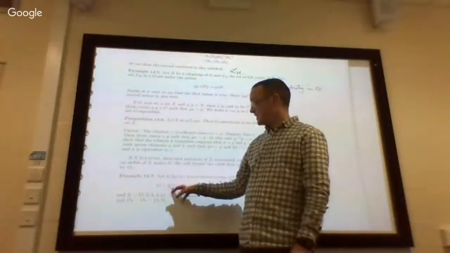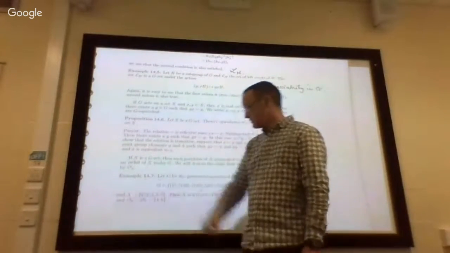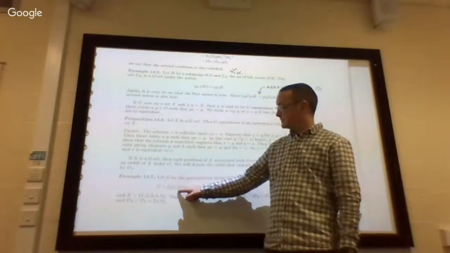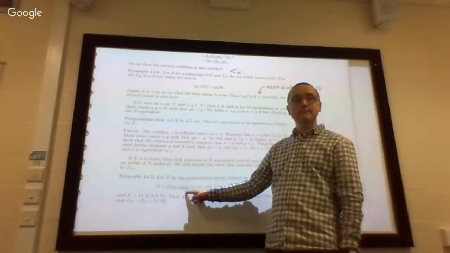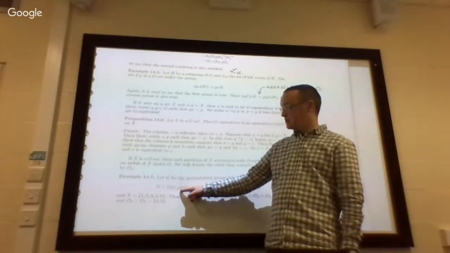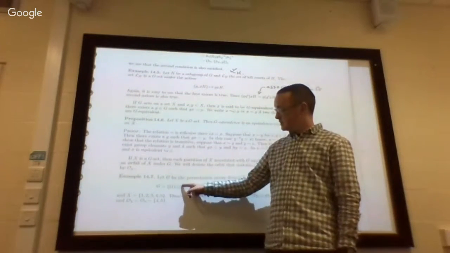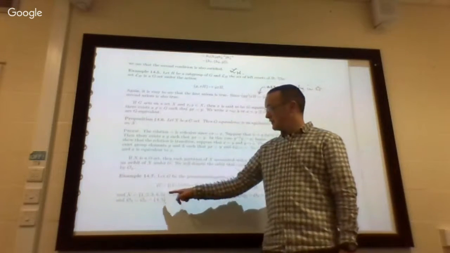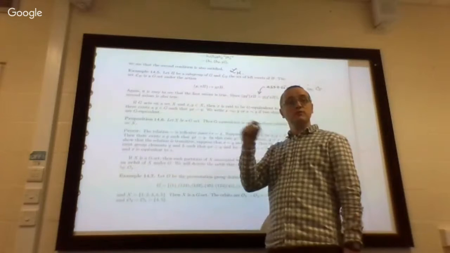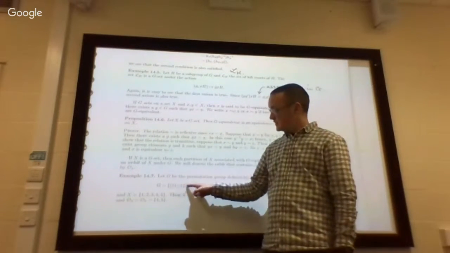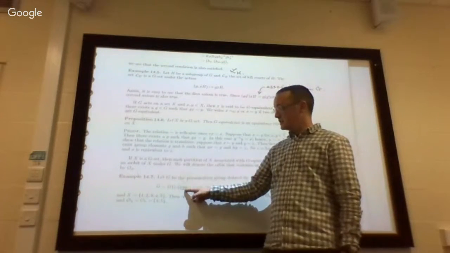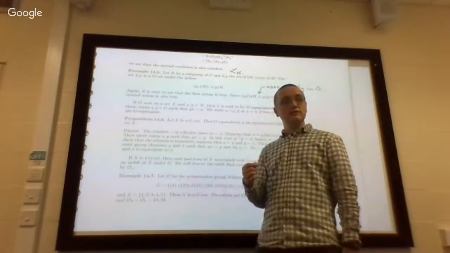So the fixed set of the identity is all of X. What's the fixed set of (1 2 3), this cycle? Well, it certainly doesn't contain any of the labels 1, 2, and 3, because when you act on the elements of X with this permutation, 1, 2, and 3 get moved around. But 4 and 5 don't. This fixes 4 and it fixes 5. So the fixed set of this element here is the set consisting of 4 and 5.